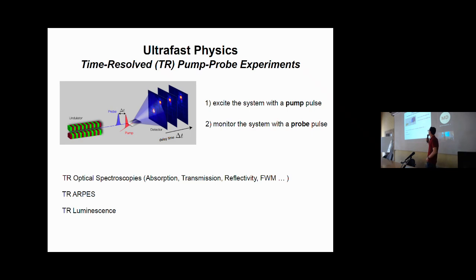We can study the system with optical spectroscopies, like time-resolved absorption, time-resolved transmission, or also electron spectroscopy, like time-resolved angle-resolved photoemission spectroscopy, and also time-resolved photoluminescence. So these are the kinds of experiments that we would like to simulate and interpret with theory.